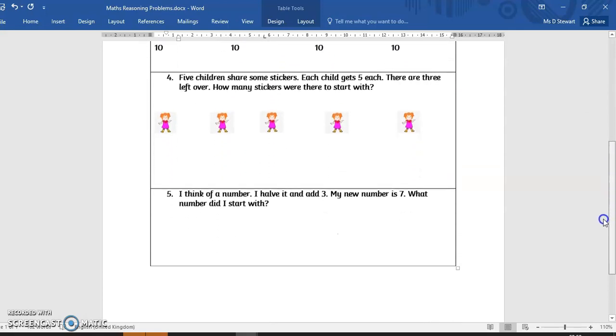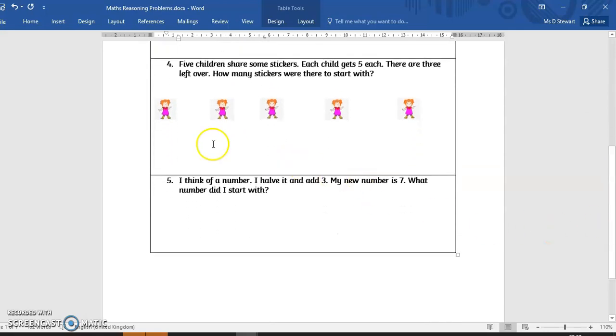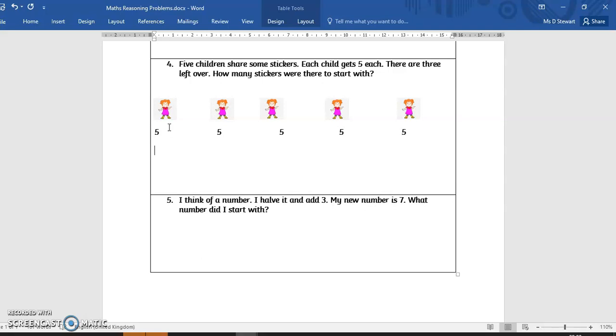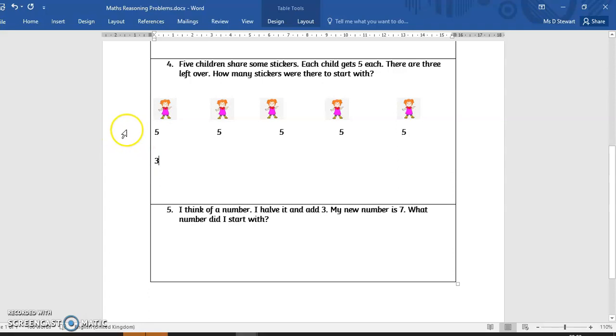Let's look at this one. We're going to use a similar method. 5 children share some stickers. They get 5 each. There are 3 left over. How many do they have to start with? So we need to give each person 5. And then it says that there are 3 stickers left over.